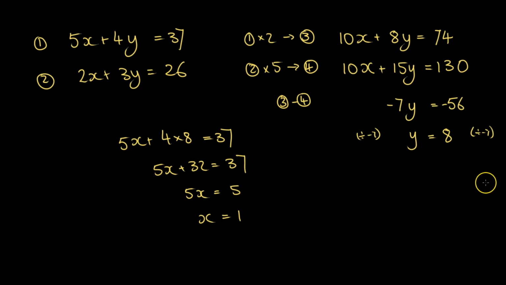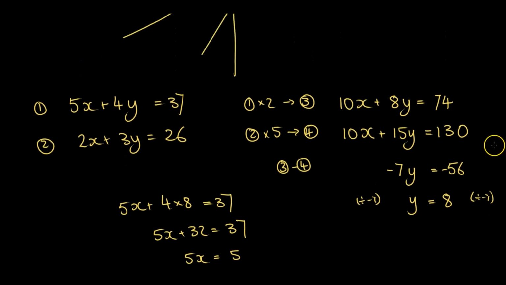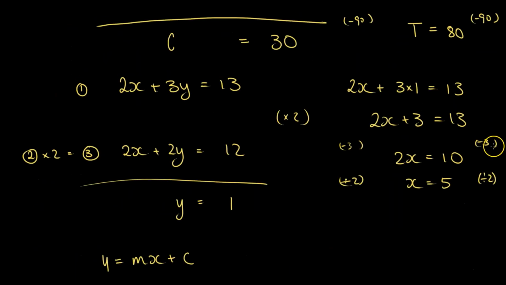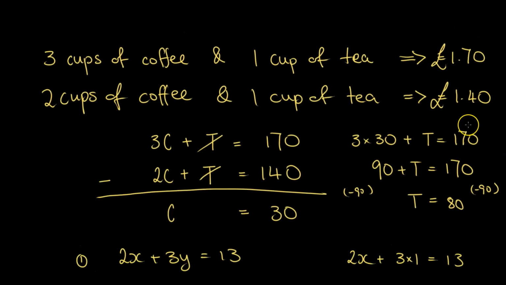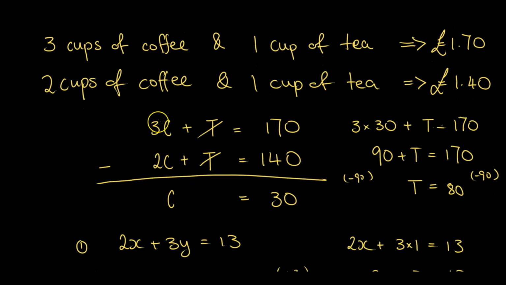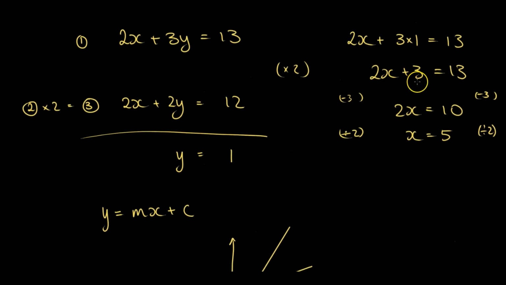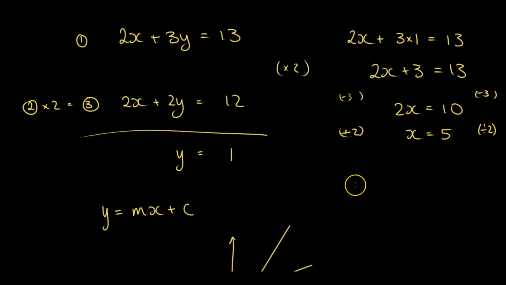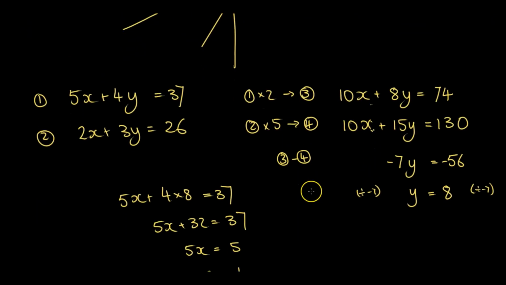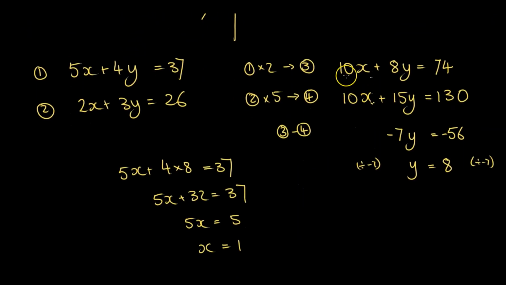What we've been doing up to now is subtracting equations from each other to eliminate one of the values. Here we subtracted to remove t, and then we've subtracted here again. We've subtracted to remove x here. We've eliminated the 2x, and here we've eliminated the 10x.